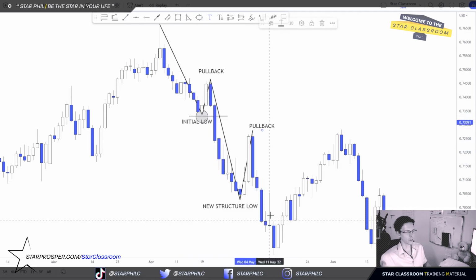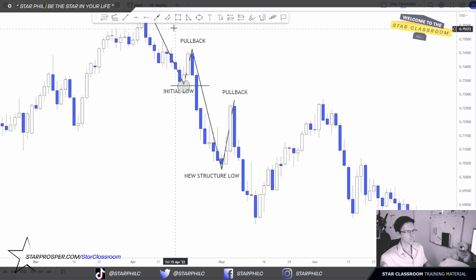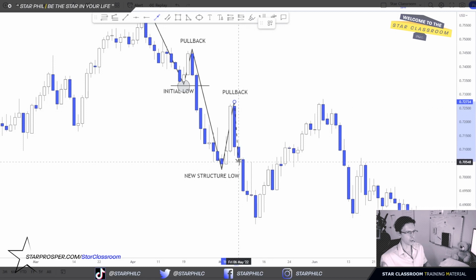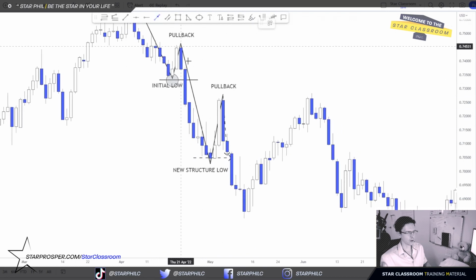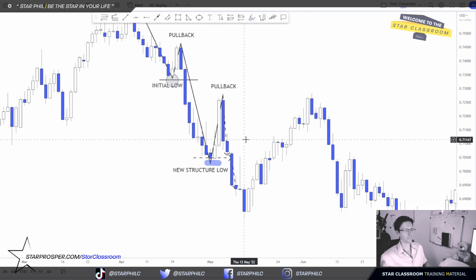And then we get another move towards the upside. This will be our pullback. So what do we need from here for the price action to continue in a bearish move? Price action pushes all the way down, almost retesting that low with this candle. On the next candle, we get a move down, breaking and closing below this low right here.